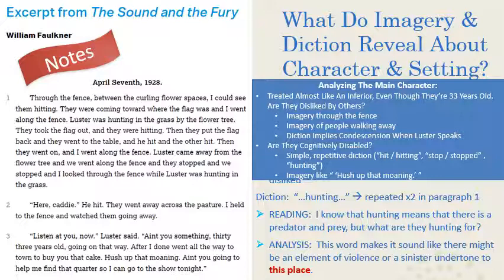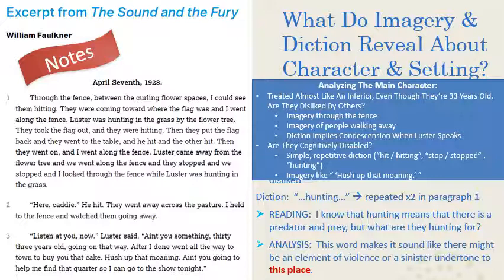If we first start at looking at the character, what else are we learning about this character here? The first thing that I notice is that the character, and by the character I mean the person telling the story from this first person point of view, the person who's behind the fence looking through, is treated, or they, since we don't know for sure if it's a man or a woman, are treated almost like an inferior, even though they're 33 years old.